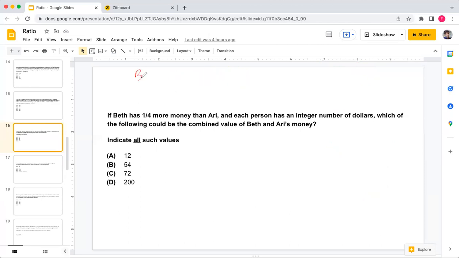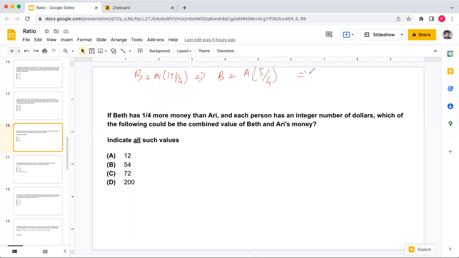Okay, so Beth has 1/4 more money than Ari, right? Please mute yourself. This will be B is equal to A into 5/4.